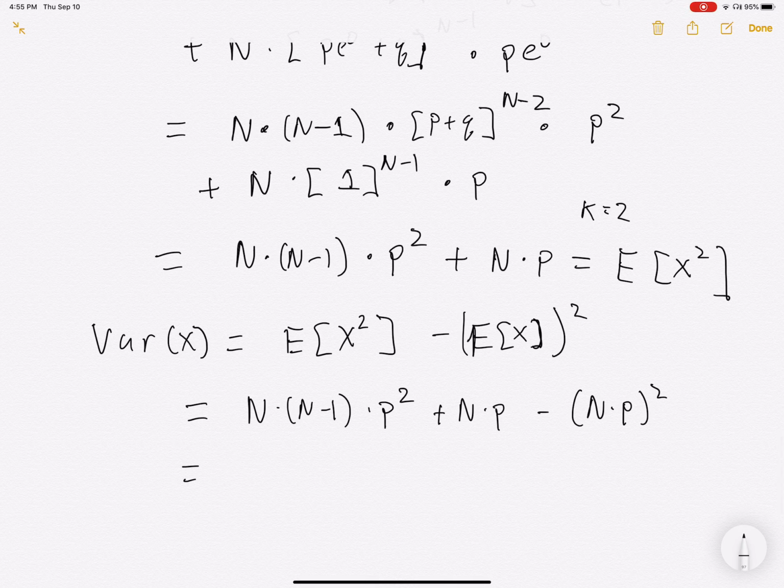So I think we're going to have n squared p squared minus n p squared plus n p minus n times p, quantity squared.